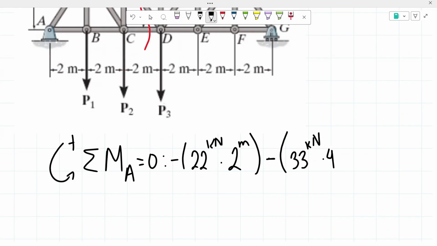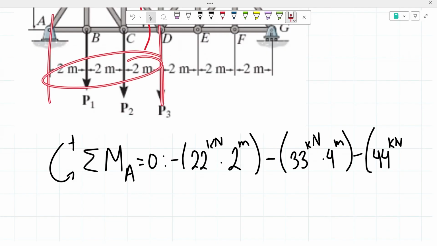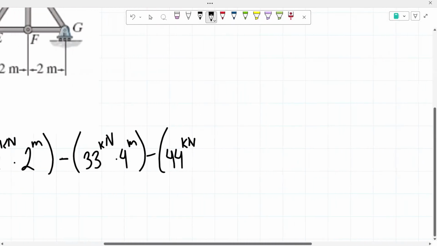So times 4 meters. And then our last one has a force of 44 kilonewtons times a total distance of 6 meters.